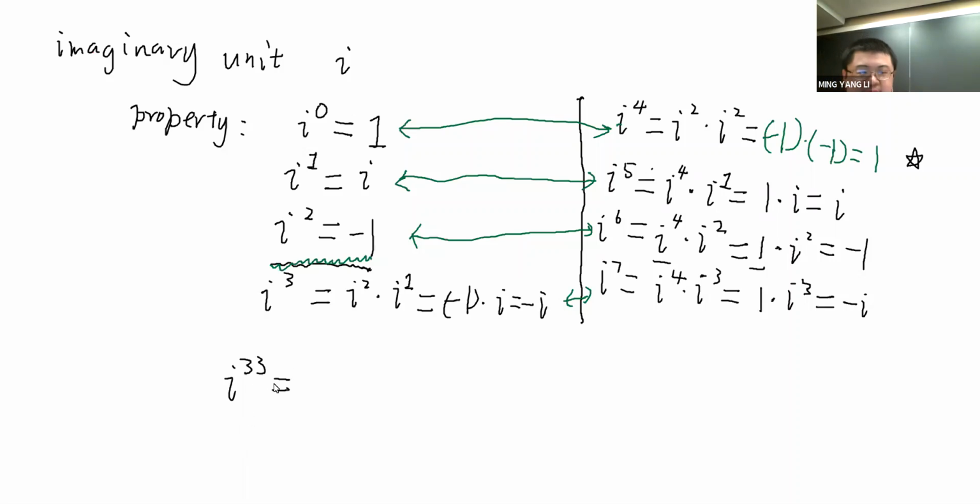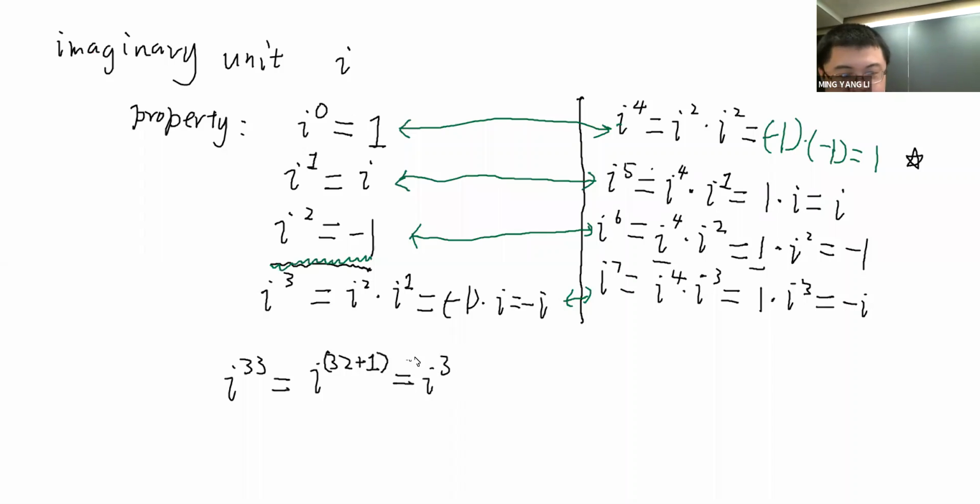So let's see, 33. What is the largest multiple of 4 it contains? It has 32, then plus 1. That's 33. And we decompose 33 as 32 plus 1.